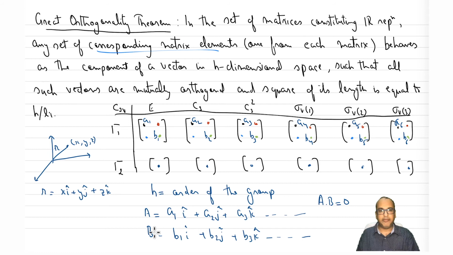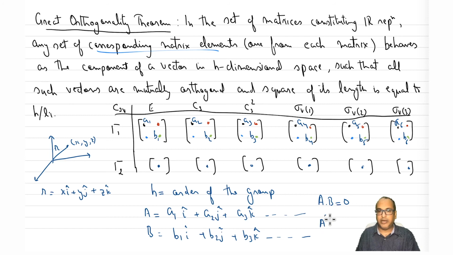So if these two vectors are mutually orthogonal, the product of these two components and the summation over all operations will go to 0. Okay, and then if I talk about the square of its length, the square of the length of this vector is nothing but a1 square plus a2 square plus a3 square and so on, which will be equal to h by li.